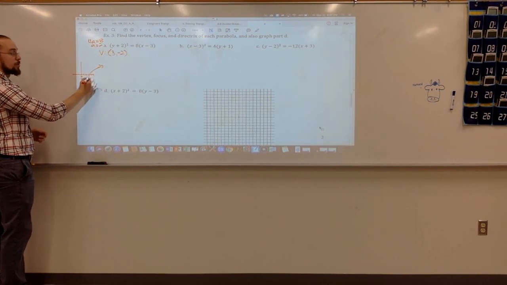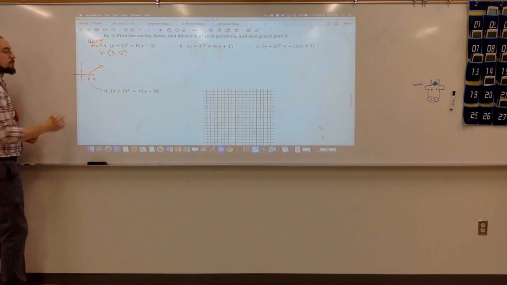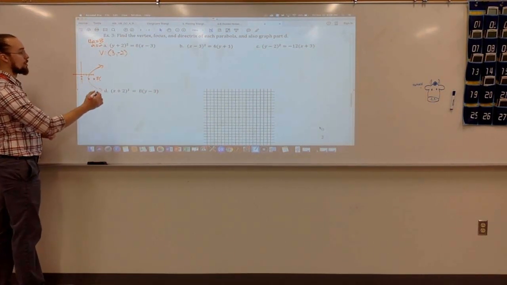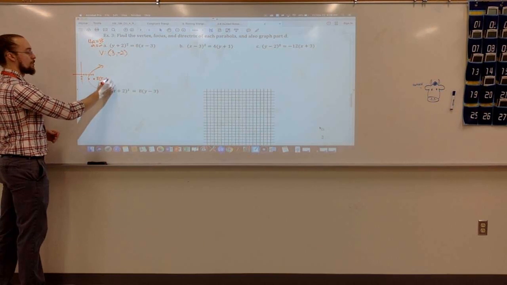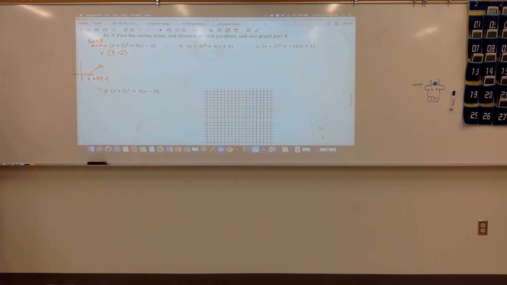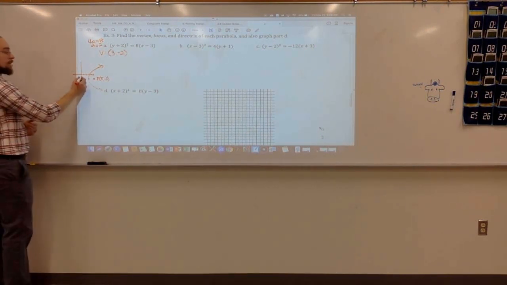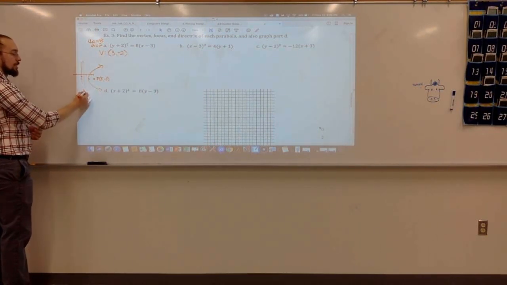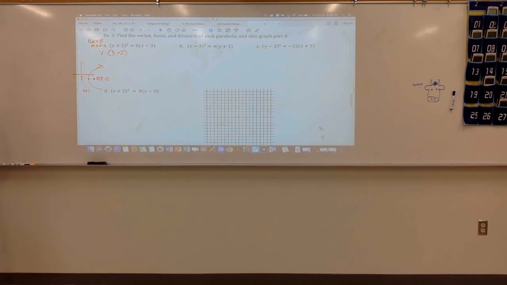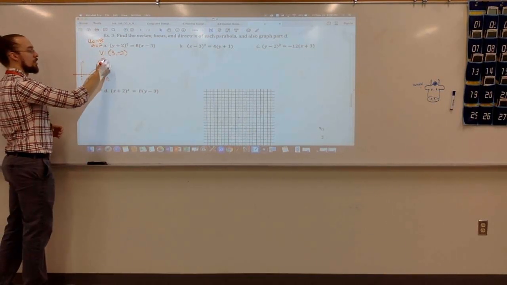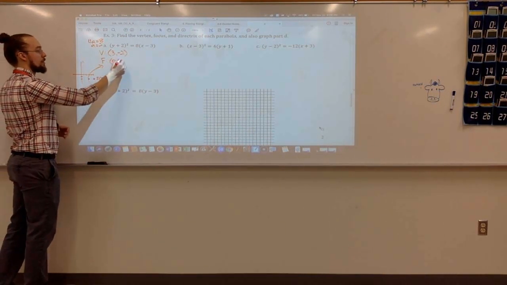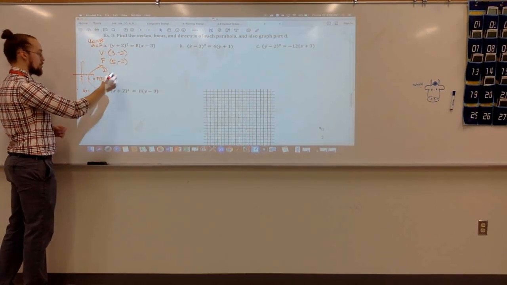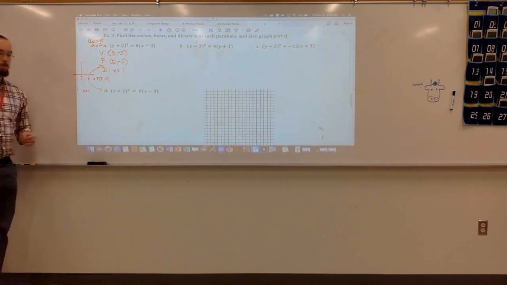I'm going to go 2 to the right to find the focus, so that will be the point (5, -2). Then I'll go 2 to the left to get my directrix, so that'll be the line x equals 1. So focus (5, -2) and directrix x equals 1.